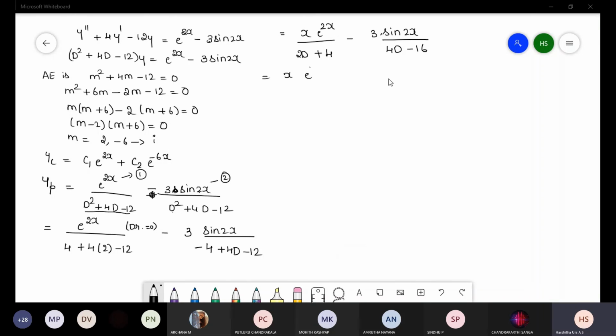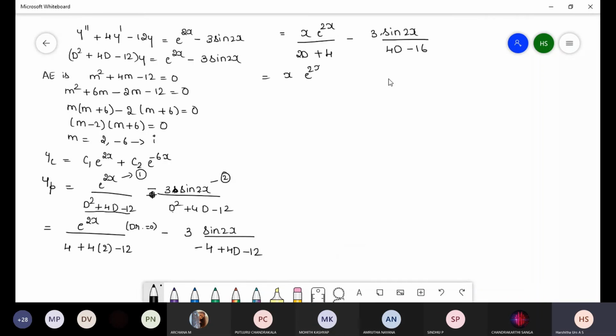Here e power 2x divided by 2 into 2 plus 4, minus, here in the denominator I take 4 as a common, remaining sine 2x divided by d minus 4.